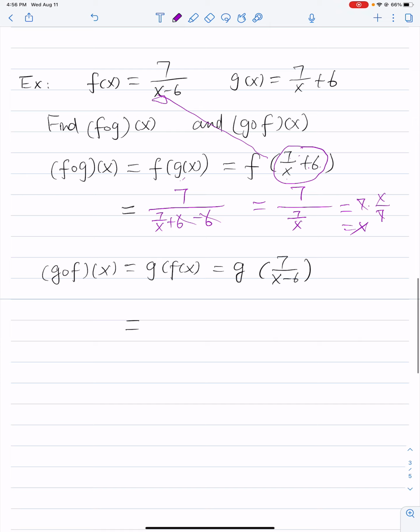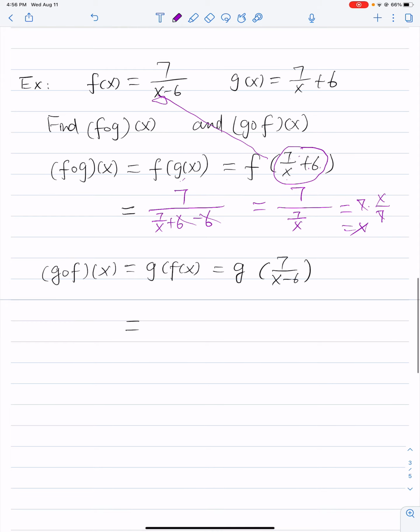Yeah. Similarly, g of f(x): then you substitute the f(x) here. And what will be this? Do not forget, you have to replace the whole thing inside here for the x there. So what do you have? 7 over x minus 6, plus 6. So what will you do?